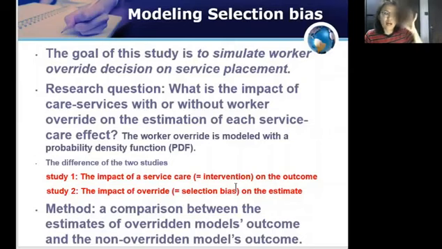Why this is important is we have a lot of confounding factors and selection bias in every observational study. If it is not an experimental design, we always have selection bias. But how can we model the selection bias? We have not thought about it very well.